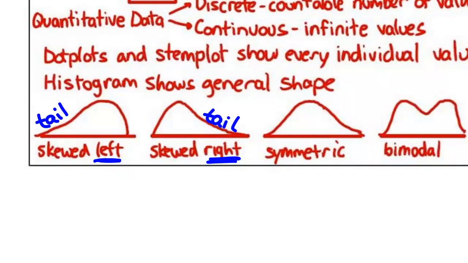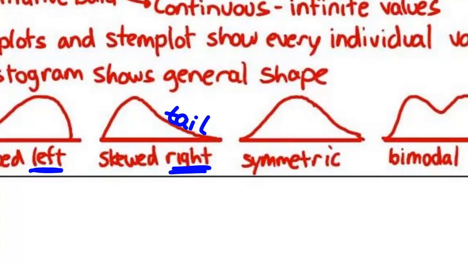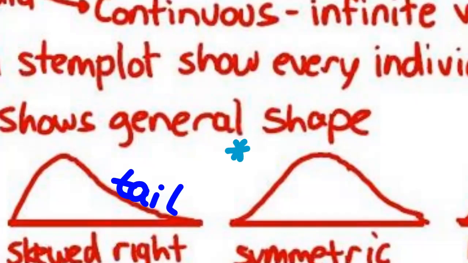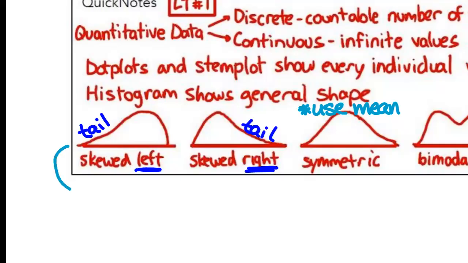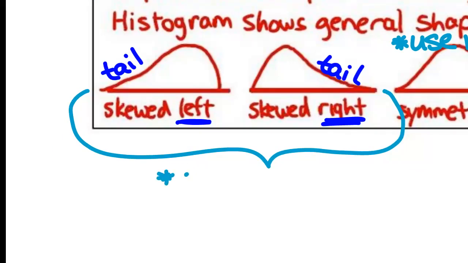And then we have our symmetric graph. And then there's a picture of a bimodal graph over here. When we have a symmetric distribution, you will use the mean. And when you have a skewed distribution, you will use the median.